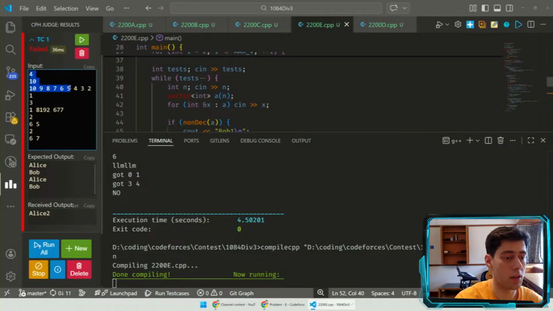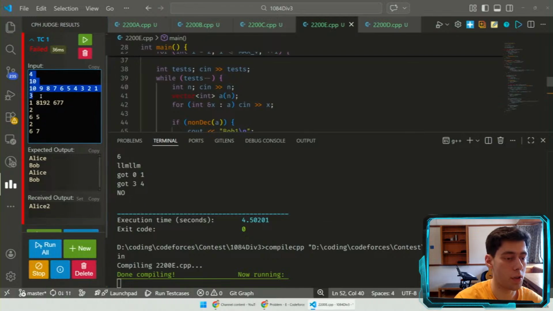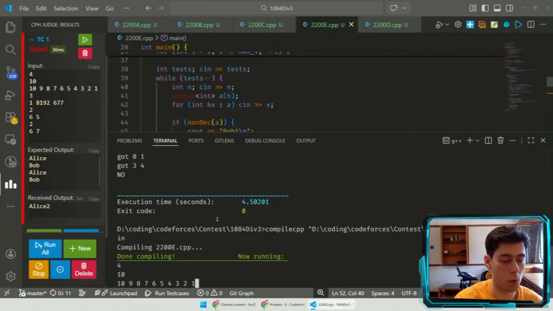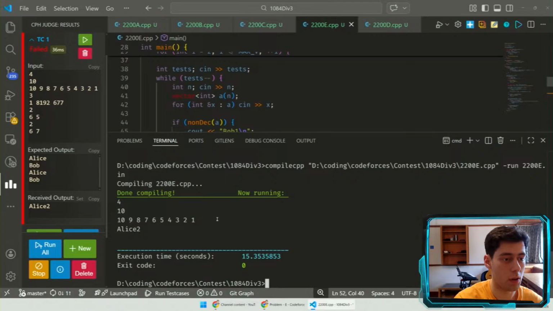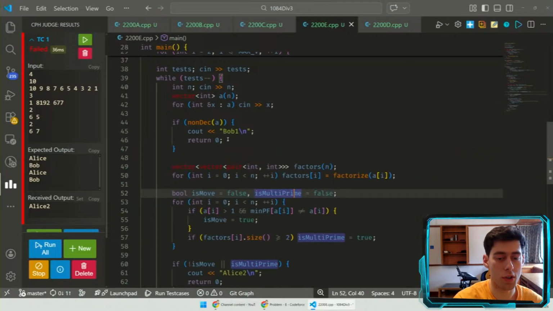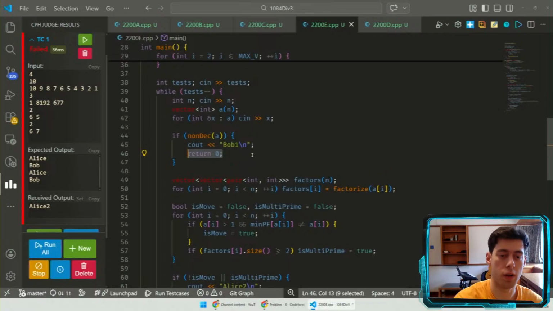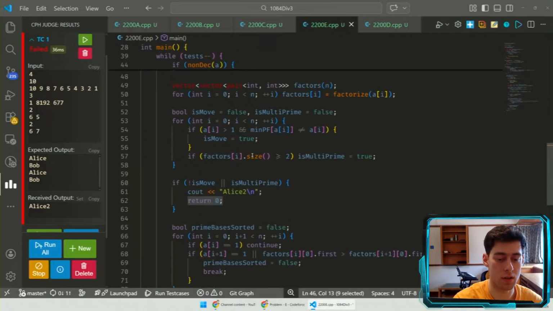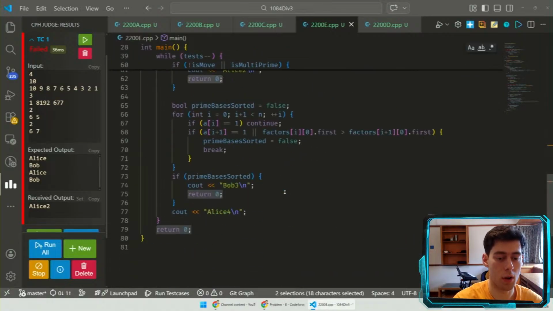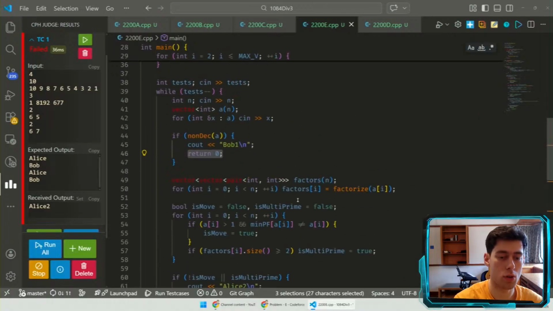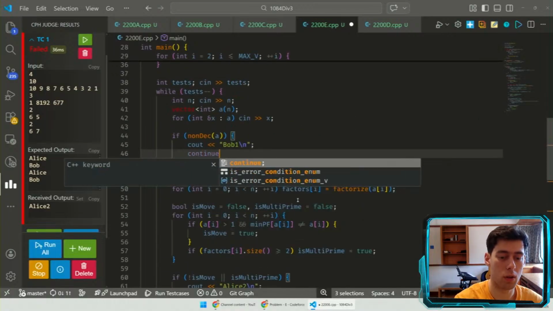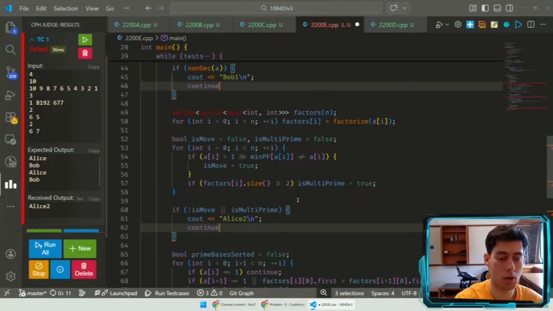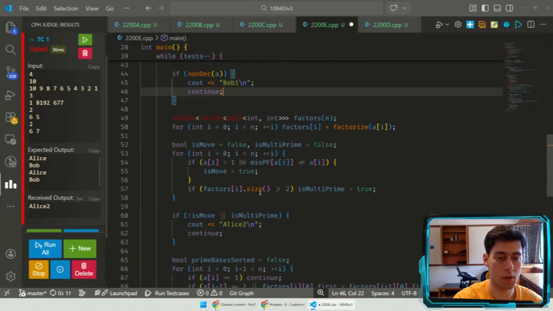Let's see what's going on here in more depth. Oh, because I'm doing return 0, whereas I have test cases, which is rather stupid of me. I should be doing continue for all these.